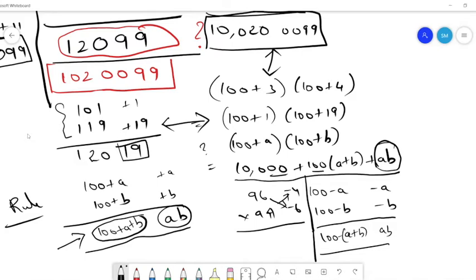It is 10,000 plus 100 into A plus B. Can we dig further and see what is happening? This 100 plus A plus B you are writing as the leftmost 3 digits, right? So it will be again 10,000 plus 1,000 plus 100, something like that. Something to do with place value only.